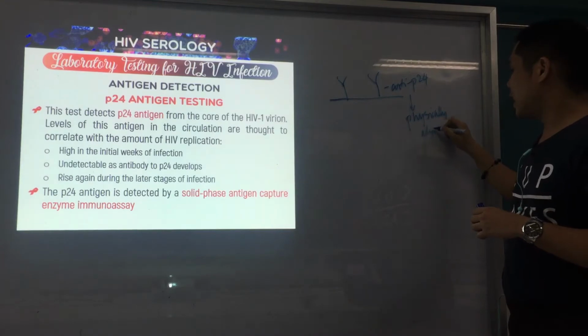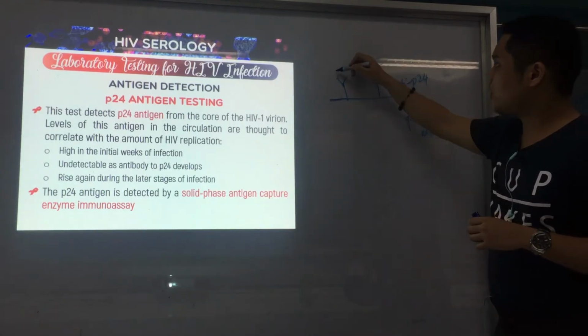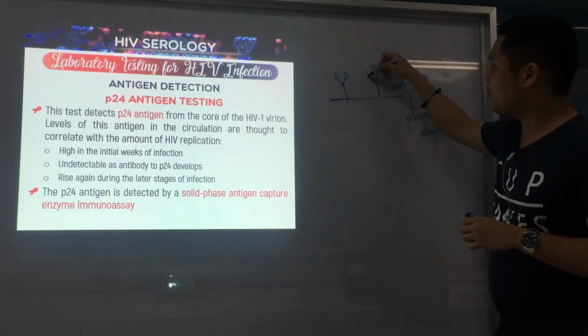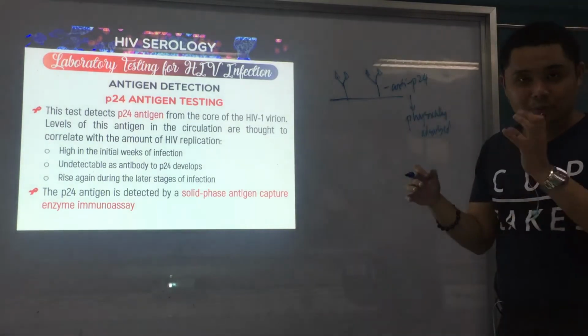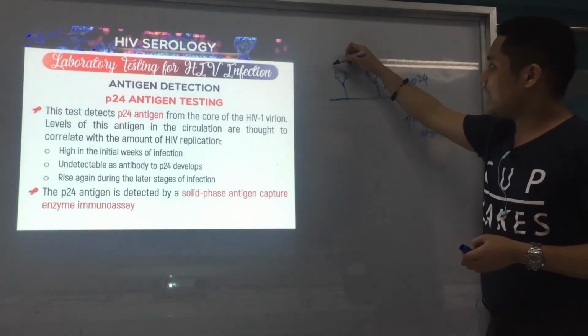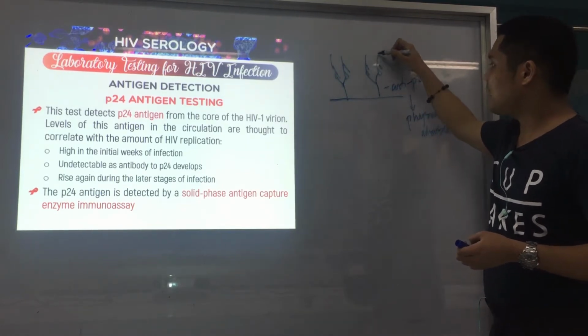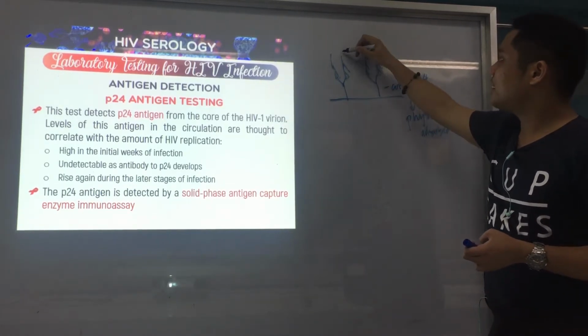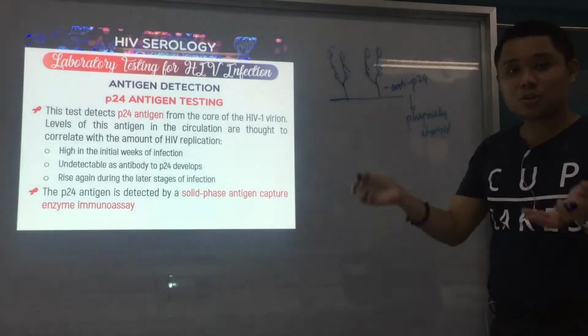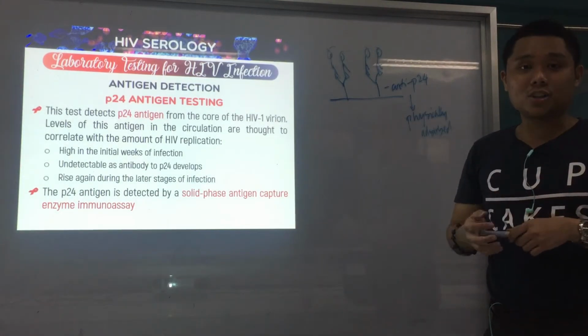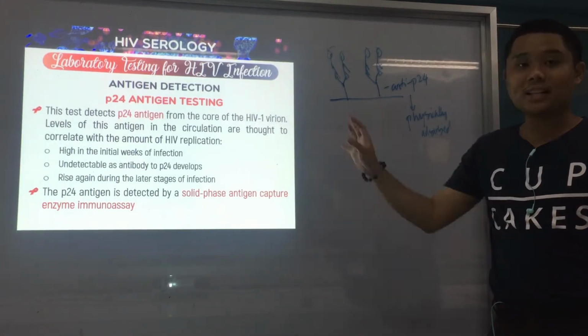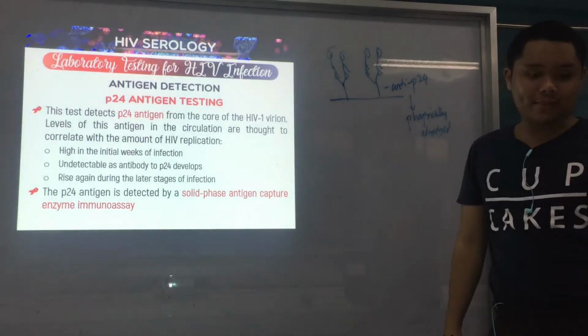If your sample contains the P24 antigen, it is captured by the antibody, and then you add an enzyme-labeled antibody. Then you add the substrate, and they give a colored, chromogenic reaction. So that's how you detect P24 antigen.